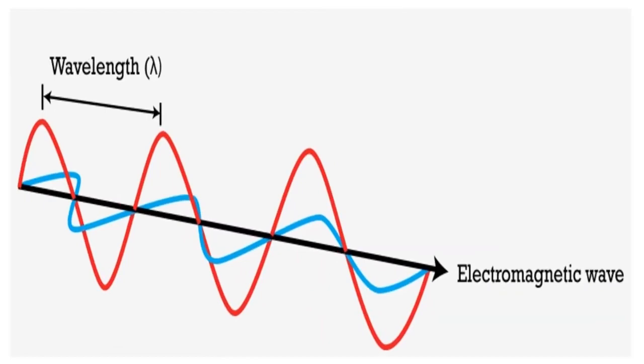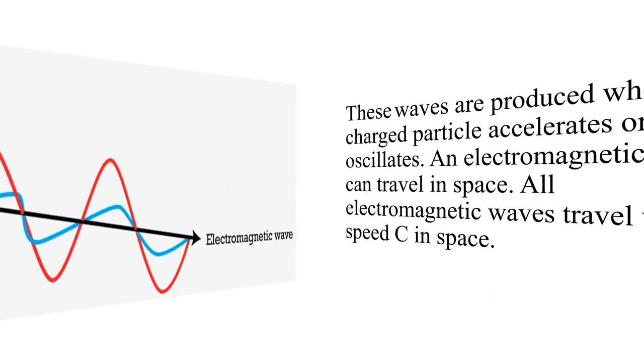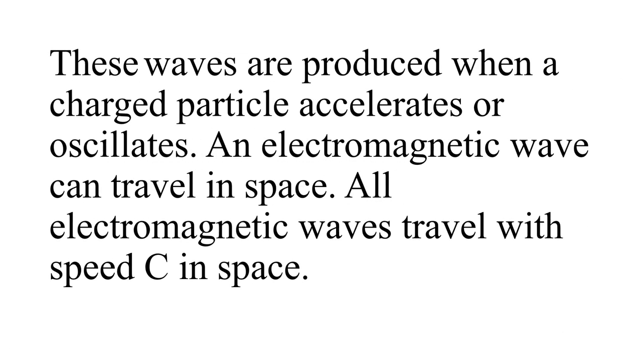Here, electromagnetic waves are represented in this diagram. These waves are produced when a charged particle accelerates or oscillates.